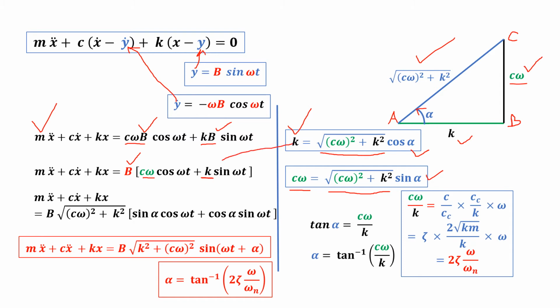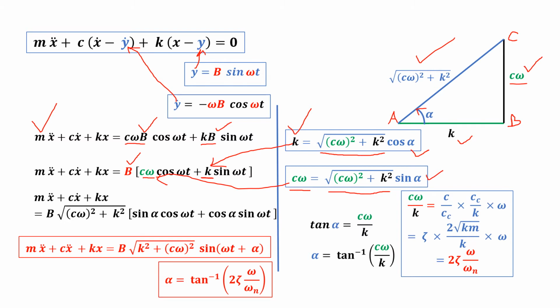Now let us put the values of k here and c omega here. When we put this value, what we get is c omega again hypotenuse times, so hypotenuse will be common.